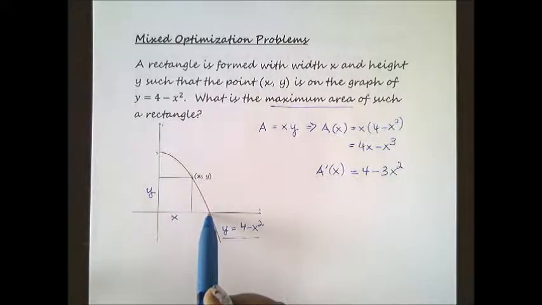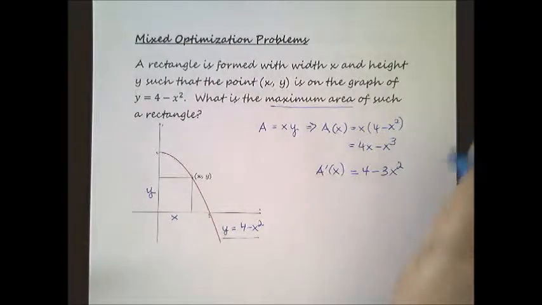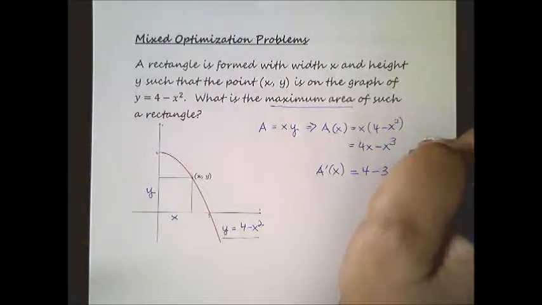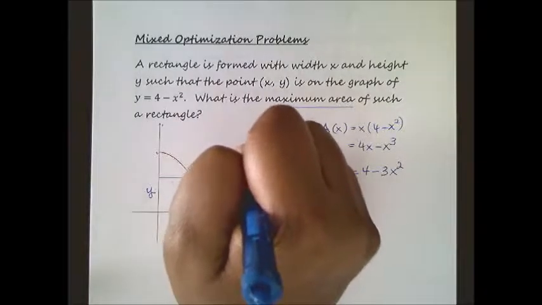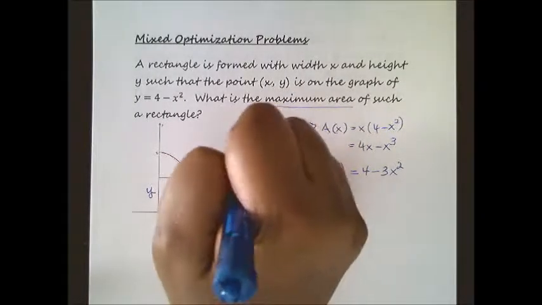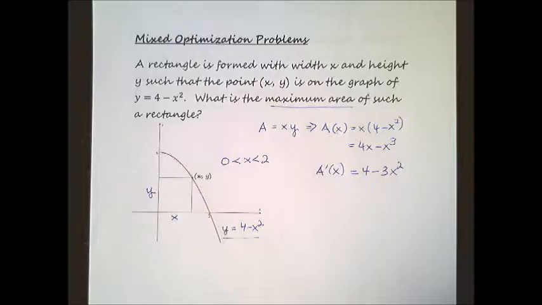And the farthest I can go before it starts not being a rectangle is down here to 2. So it's a good thing to note that x has to be contained between the values of 0 and 2. That also means that I'm only going to be looking for critical points that are between 0 and 2.